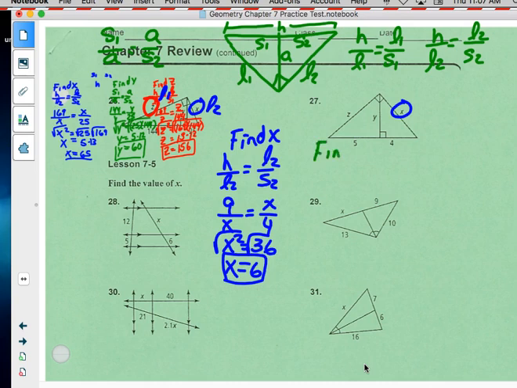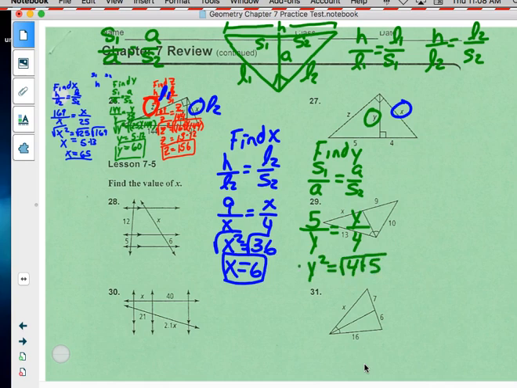Finding Y, I've got this as an altitude, so finding my altitude has me at S1, A, A, S2, so S1 is 5, A is Y, and 4 is S2, so now I've got 20. Y squared is equal to 20, but that is 4 times 5, and 4 is the perfect square in that group when I take the square root, so Y is equal to 2 the square root of 5.